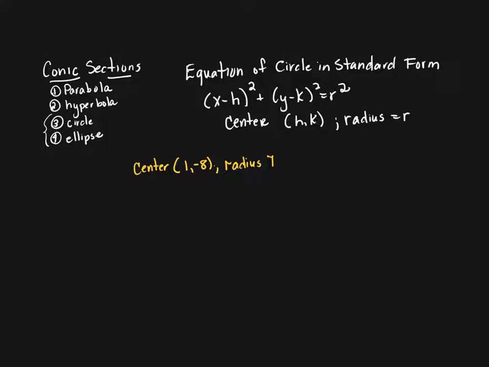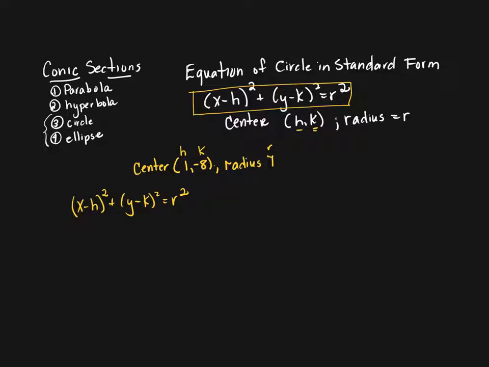As I find my equation, remember that we're going to use our standard form: (x - h)^2 + (y - k)^2 = r^2. Now let's plug in. In the center, the first entry is the h, the second entry is the k, and my radius is the r.